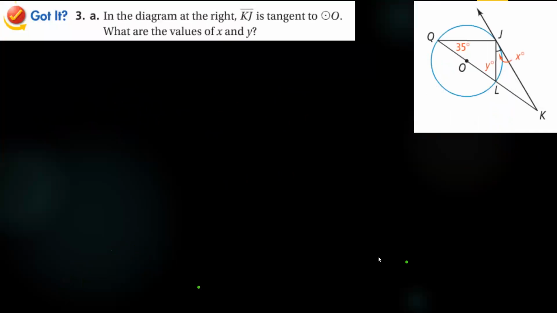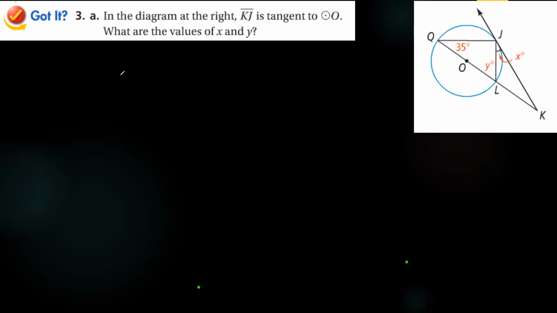Now here, in the diagram at the right, the line segment KJ is a tangent to a circle with center O. What are the values of X and Y? So here we have KJ as a tangent ray, and LJ is a chord, and QJ is a chord too.